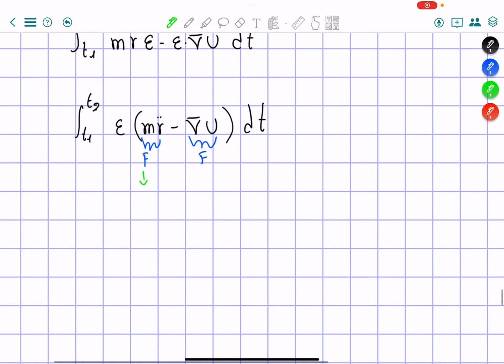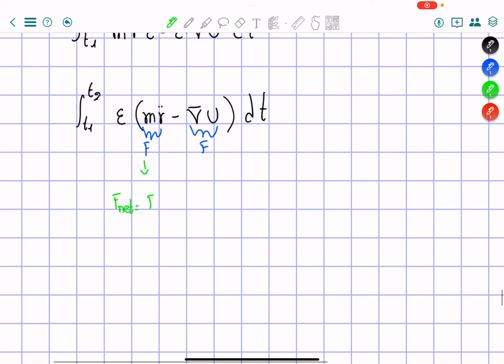Well, this is going to be the total force, so F net force, which is going to be equal to the constraint force, for example the normal force of the plane on the ball, plus all the external forces. And then this one instead is just simply going to be equal to the external forces.